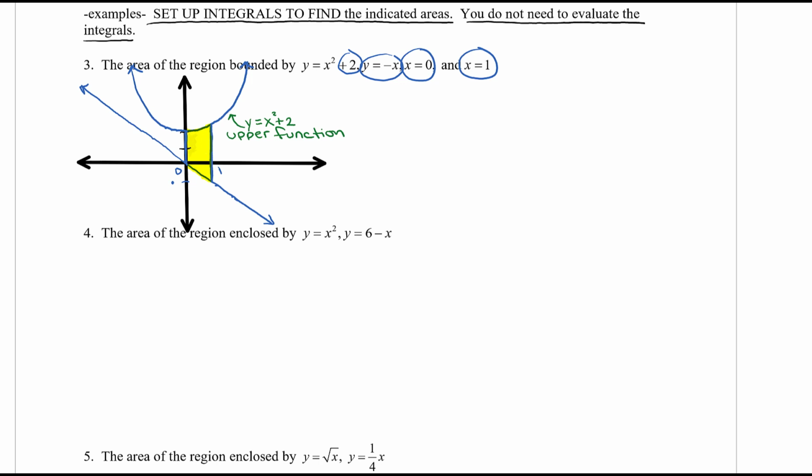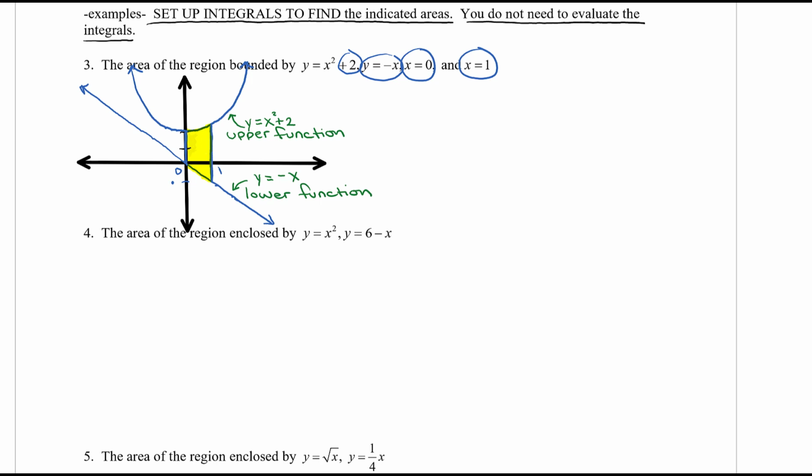So I'm going to point an arrow towards that line, and I'm going to write down the equation y equals negative x, and I'm also going to write down the words lower function next to it.